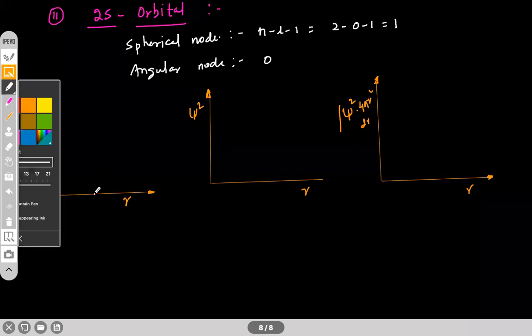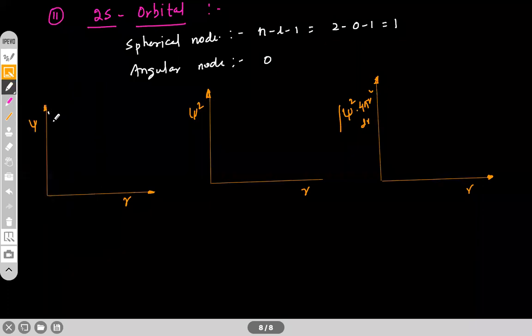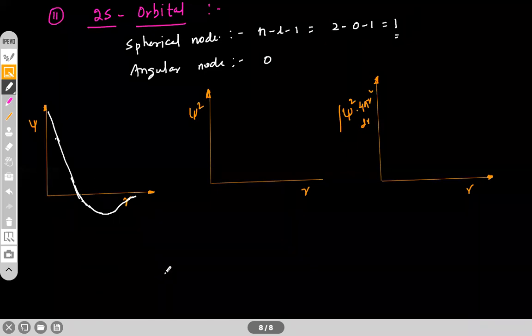It goes like this. It comes down, it crosses the x-axis, it goes like this, and then again comes back closer to the axis, but it won't touch the x-axis here. It will touch only once because we have only one node here, right?